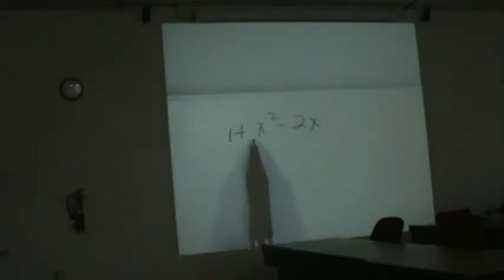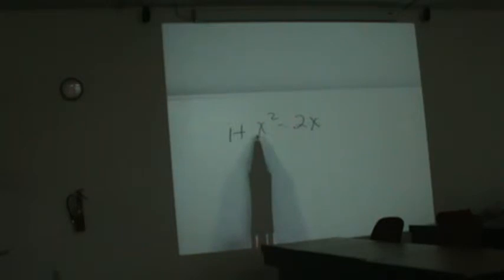Okay, let's do some more where you have to factor. Okay, there's no 0. If you take them all to one side to make sure you have a 0, make sure you leave your x squared positive, okay? Because you want x squared plus or minus something.